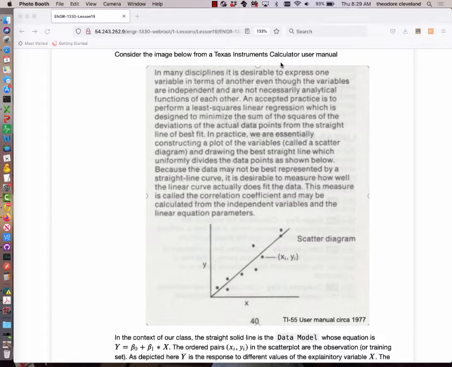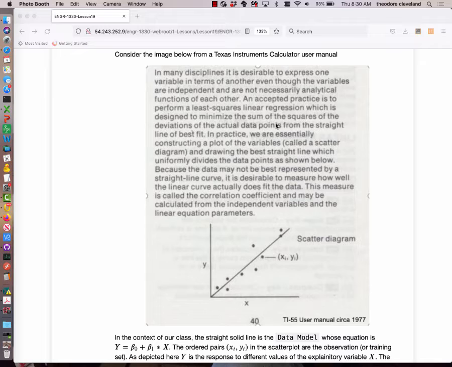An accepted practice is to perform least squares linear regression, which is designed to minimize the sum of the squares of the deviations, make our springs collectively as short as possible, so that their kx term, which represents the energy stored in the spring, is a minimum energy solution of the actual data points from the straight line of best fit.